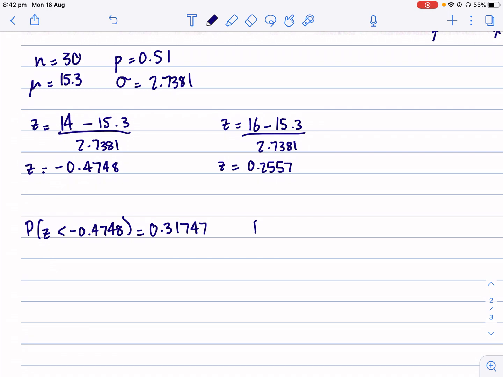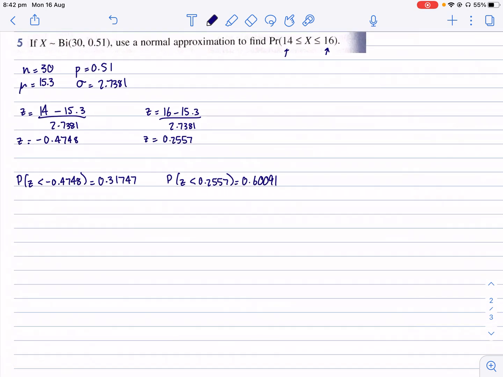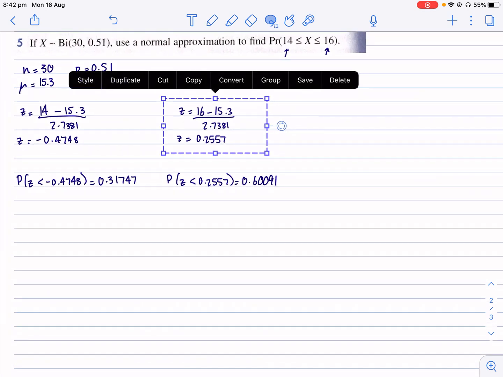The probability of getting a z-score less than 0.2557 is 0.60091. Now, we've got to figure out what to do with these numbers.